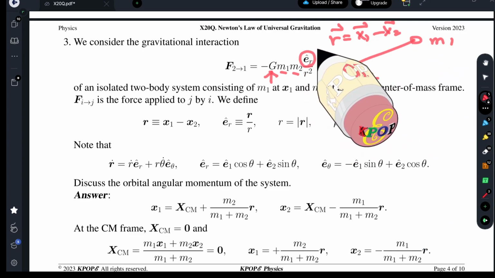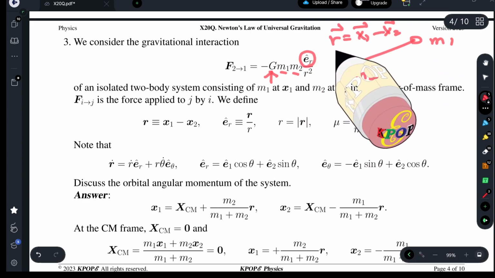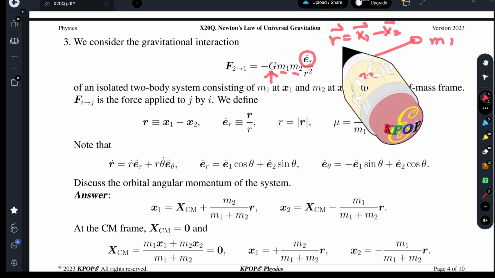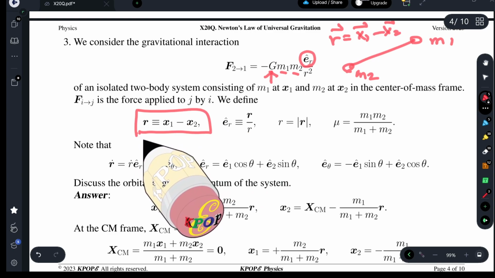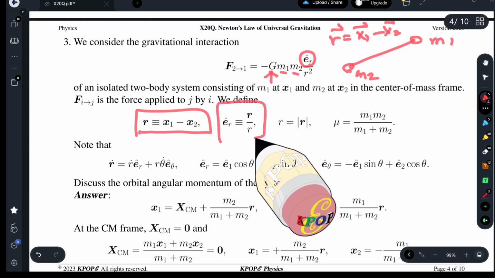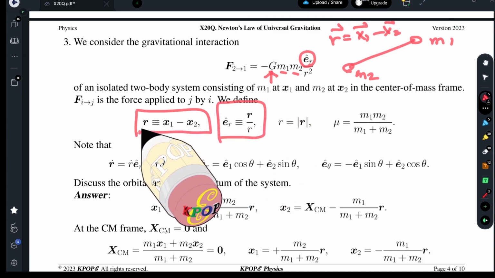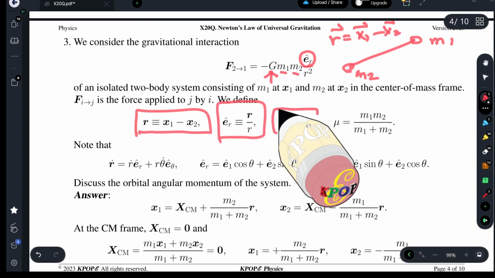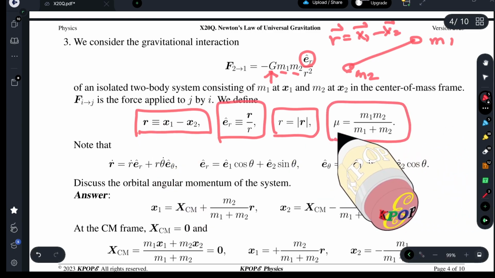The unit vector along this, and r is the magnitude of this relative coordinate vector. So we repeat the definition of the relative coordinate vector, and e_r hat is the unit vector along that relative coordinate vector. And r is the magnitude of this relative coordinate vector, and mu is the reduced mass of this two-body system.